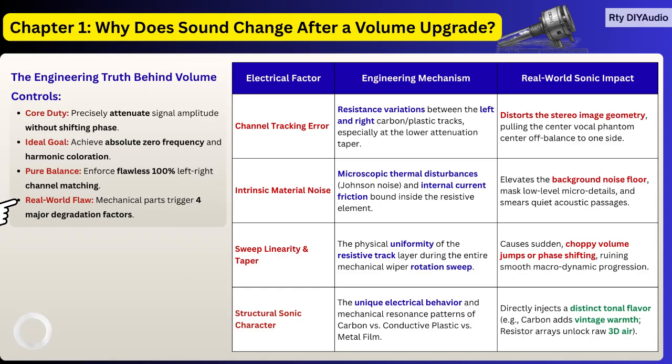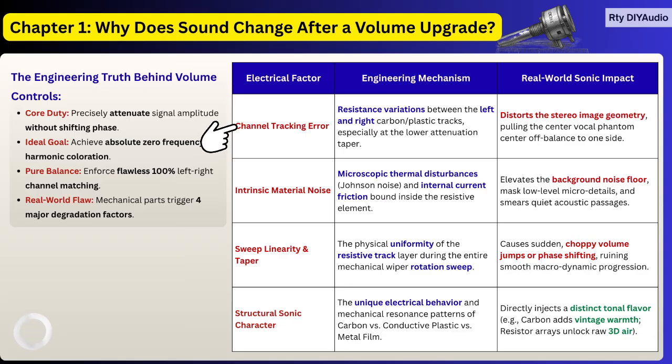However, the harsh electromechanical reality is that every physical volume control introduces 4 devastating degradation factors that inherently color your sound. Let's expose these variables and understand why a strategic hardware upgrade is mandatory for your workbench.